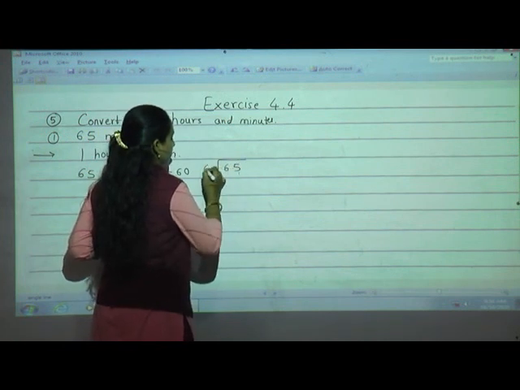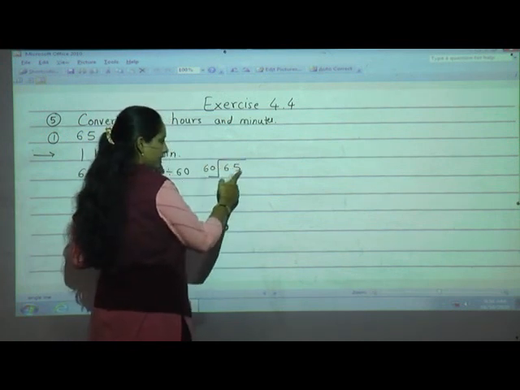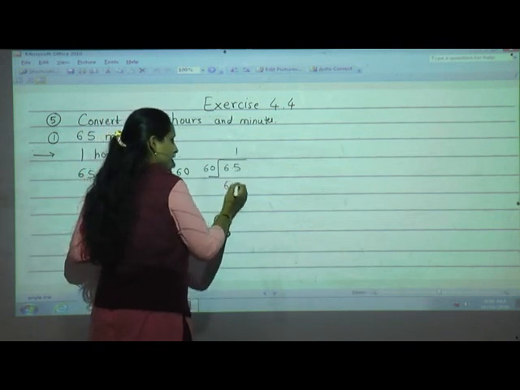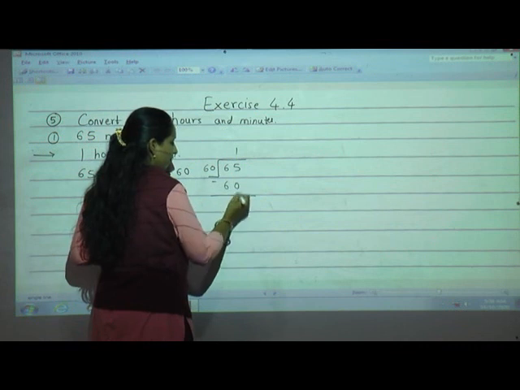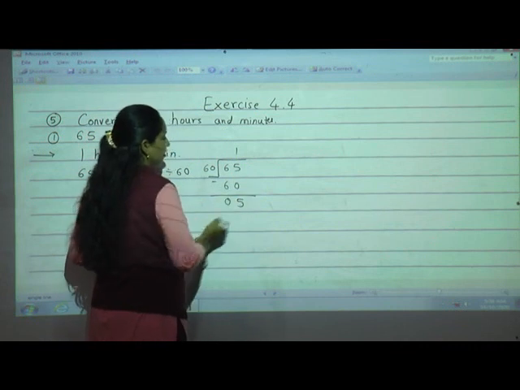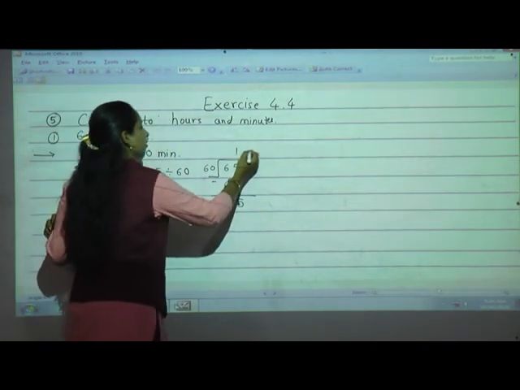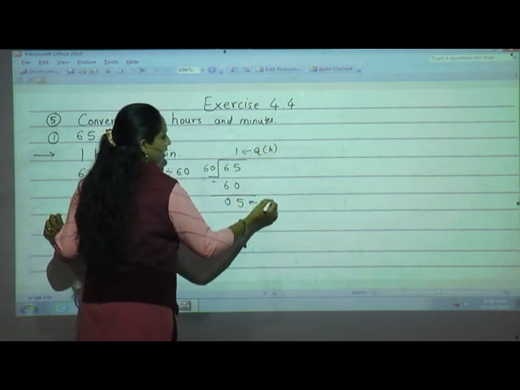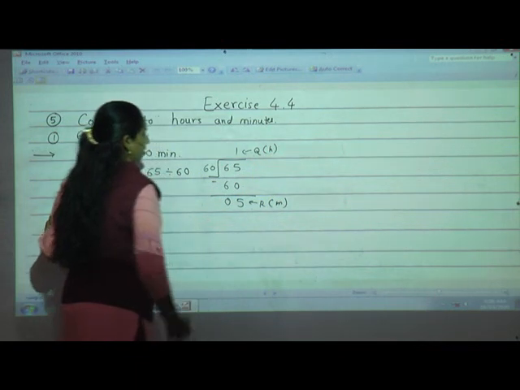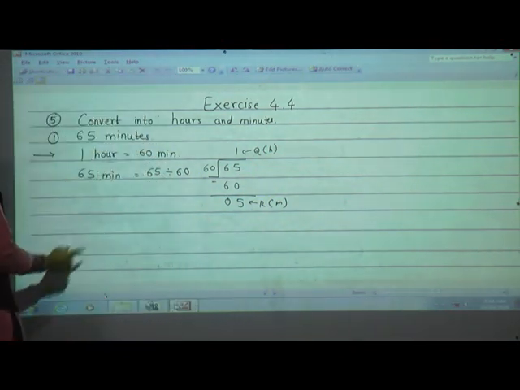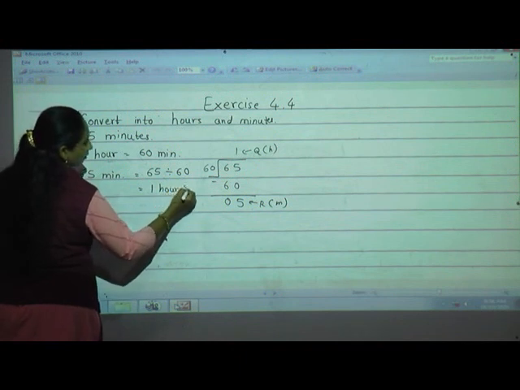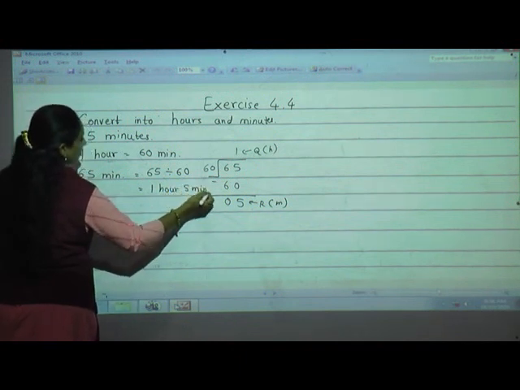65 divided by 60. In 60 table 65 is there? No. What is less than that? 60 ones are 60. Do the subtraction. 5 as it is. 6 minus 6 is 0. So the quotient will be hours and the remainder will be minutes. Keep in your mind this thing. So what is the answer here? 1 hour 5 minutes.